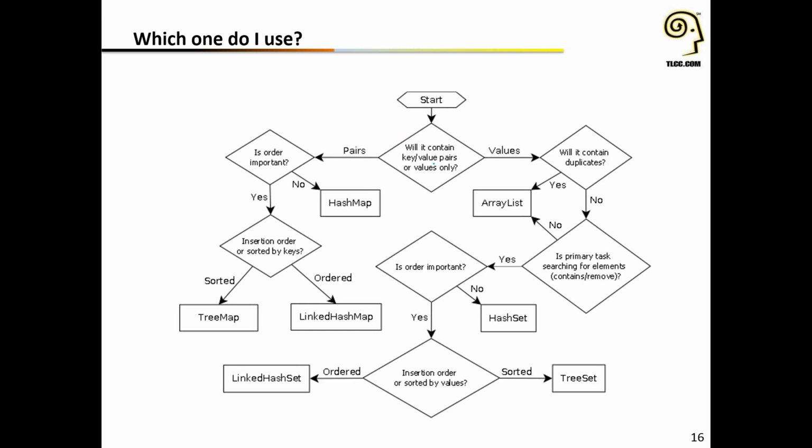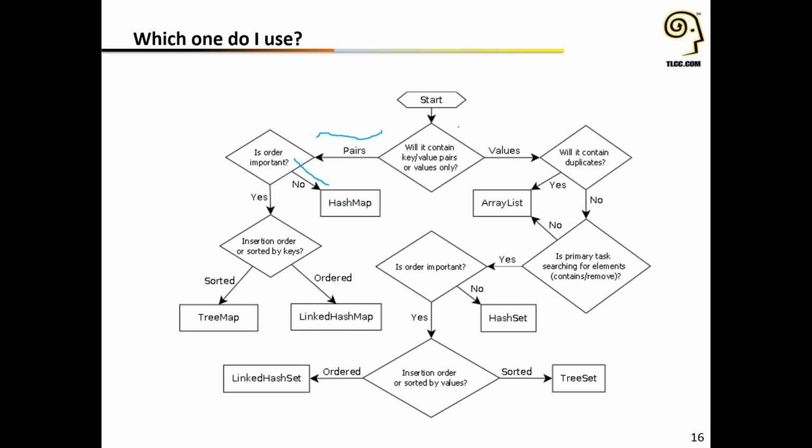So we probably would want to have a key value pair. So if we start at the start icon, will it contain key value pairs? Yes. So we probably want to go in this direction. Is order important? Well, I don't really care about the order. I just want to retrieve the data. So then we'd use a HashMap.